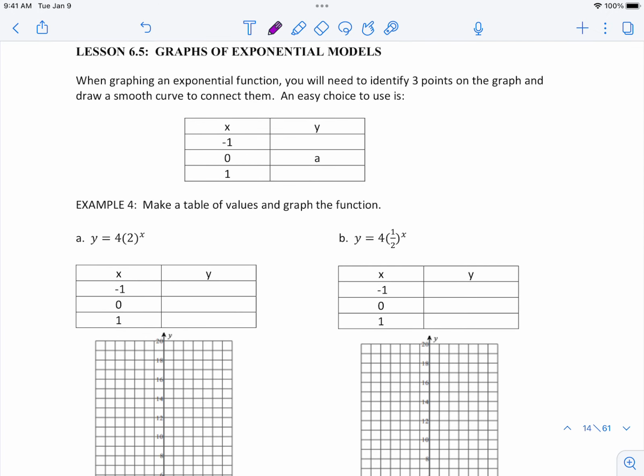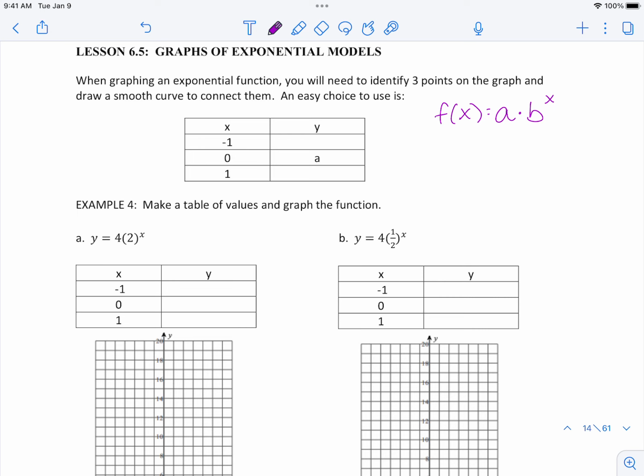Last, when graphing an exponential function, you will need to identify 3 points on the graph and draw a smooth curve to connect them. An easy choice to use is, now remember, our function always looks like f of x equals a times b to the x power. So a is our initial value, so we'll always have the point (0, a).